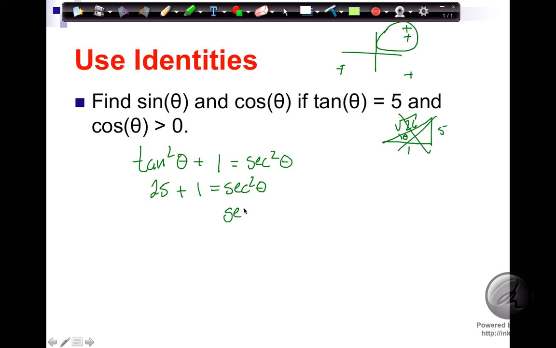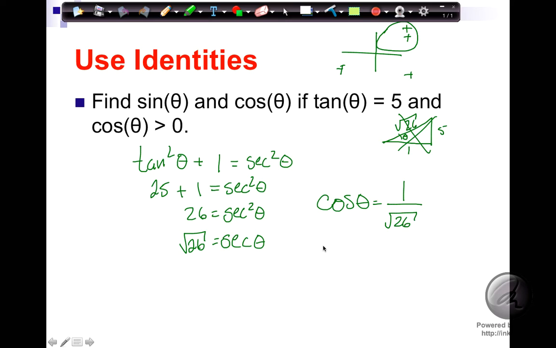So this tells me that secant squared theta is equal to 26, and therefore secant of theta is equal to the square root of 26. We know that cosine is positive, so therefore secant is also positive, so we don't care about the negative radical. Then we can say, because secant is root 26, cosine is the reciprocal of that answer, and sine, well, then I'd kind of use a triangle, but not necessarily needed.